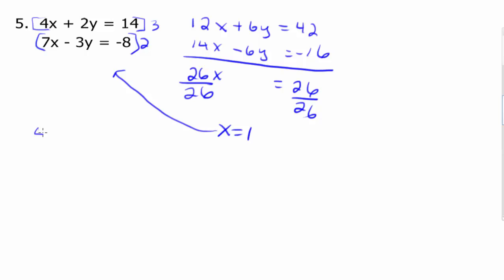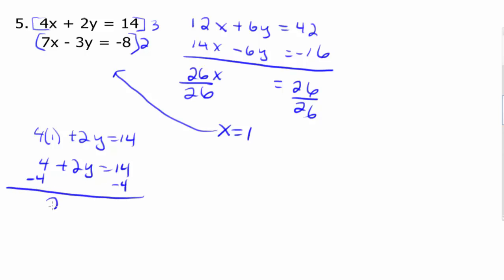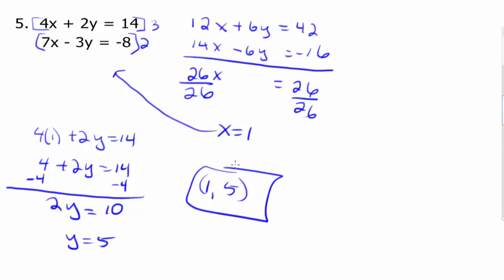So it's going to be 4 times 1 plus 2y equals 14. So 4 plus 2y equals 14. Subtract the 4. 2y equals 10. y equals 5. So your point is now going to be 1, 5. And that's it. There are only, I think, 2 of those on your assignment.